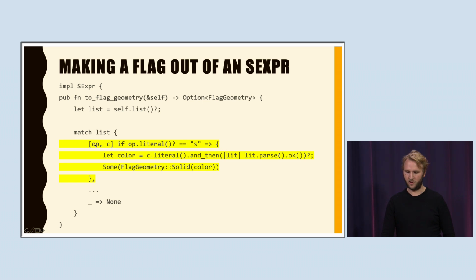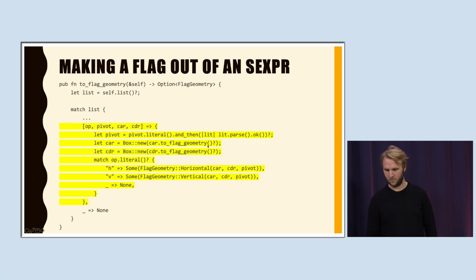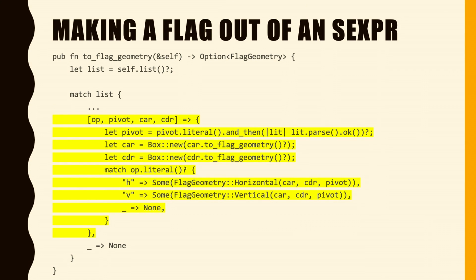Here we look for solid blocks of a single color, that is sequences of two instructions, where the first is the literal S. We only have one other case to handle here, for vertical and horizontal blocks.